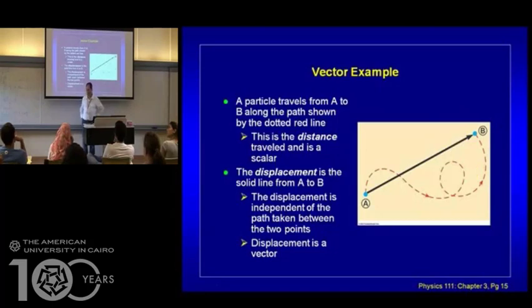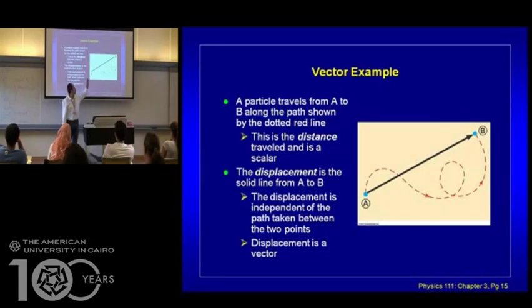Displacement. If I start from that point, and I go that way, I start from there, and I end up here. What is my displacement? That's the straight line. So that's my displacement. It has a magnitude and direction.